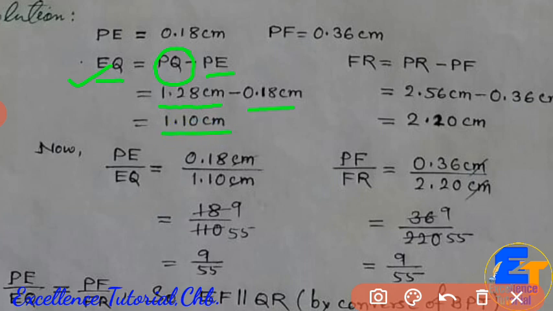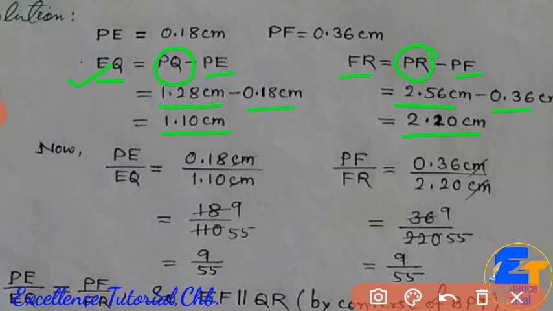In the same way, in order to obtain the actual length of part FR, we subtract PF from the whole side PR. PR is given in the question as 2.56, and we subtract 0.36 from it, and you will get 2.20 centimeter.